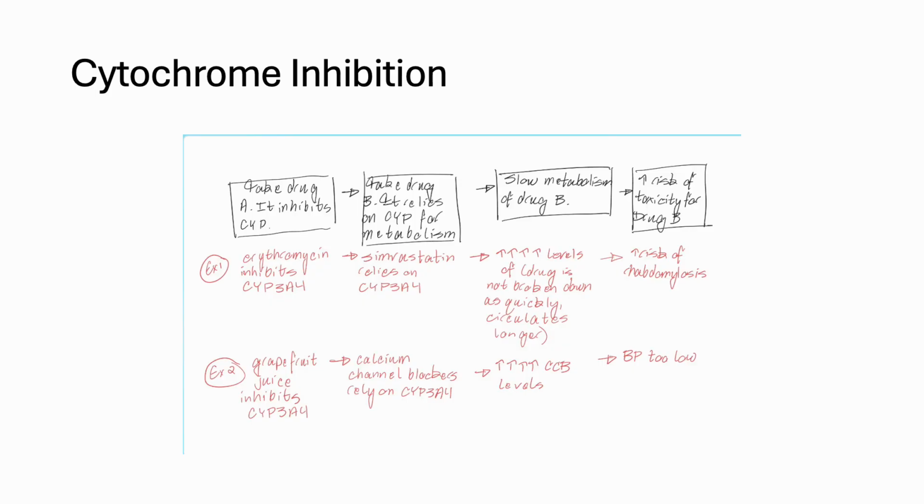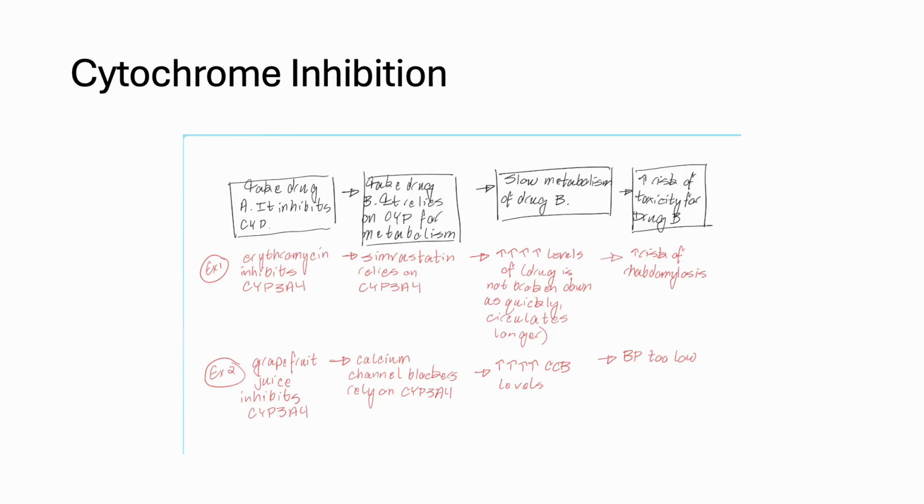I wanted to give you some examples of cytochrome inhibition, and the best way I could do that was with a concept map. So in the black, I have the general concepts. You take drug A, and it inhibits cytochrome P450. So drug A is prescribed to you. And then you also have to take drug B, and drug B relies on cytochrome for metabolism.